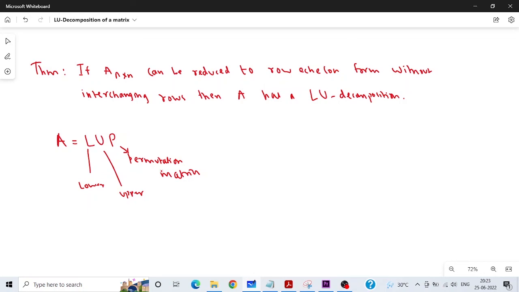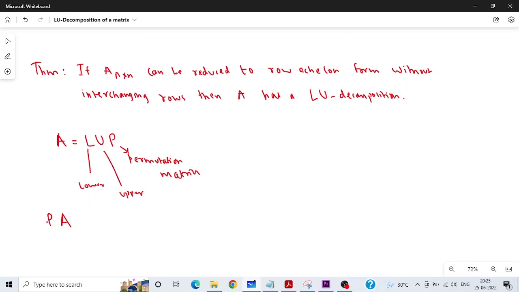Permutation matrices are those matrices whose entries are only 0 and 1, where every row contains only one 1 and the other entries are 0, and every column contains only one 1 and the other entries are 0. Suppose we have a matrix A which doesn't have an LU decomposition. We perform some permutation of the rows of A such that the matrix can be reduced to row echelon form without interchanging rows.